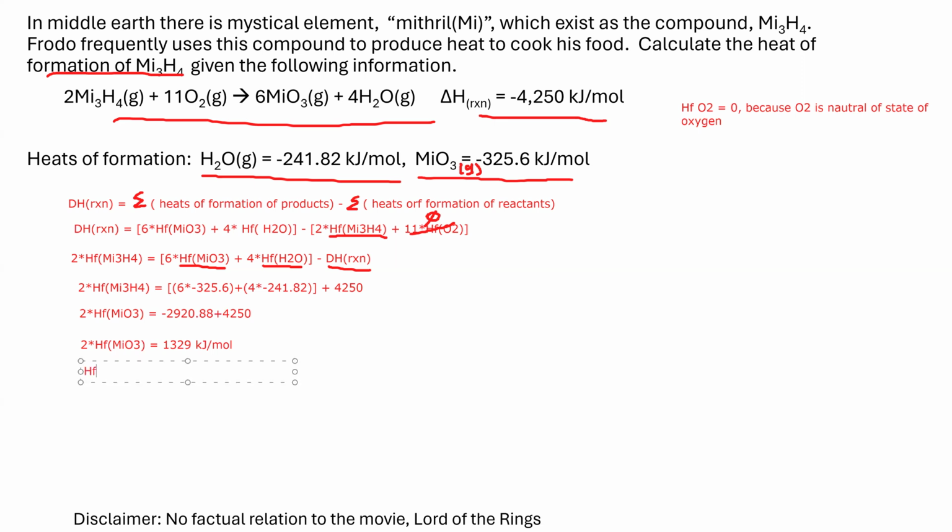So the heat of formation is equal to 1329 divided by 2. And we get a heat of formation of 664 kilojoules per mole. So this would be the heat of formation of Mi3H4 for this reaction.